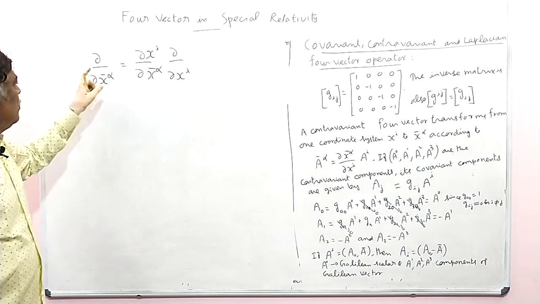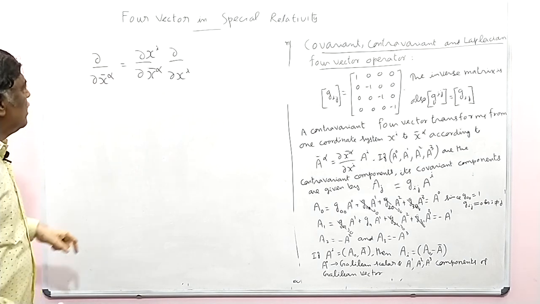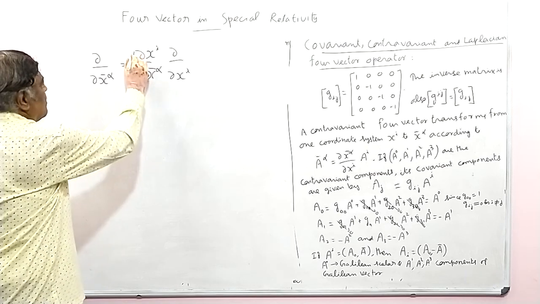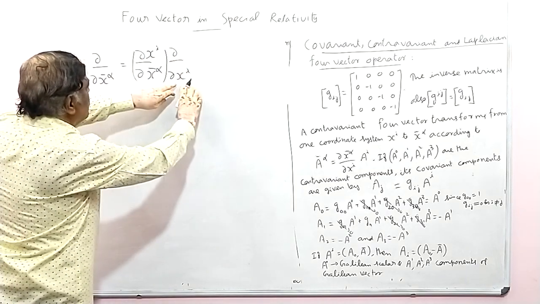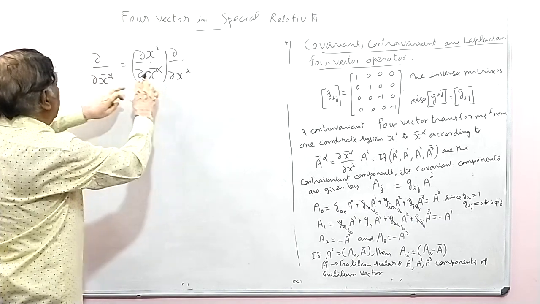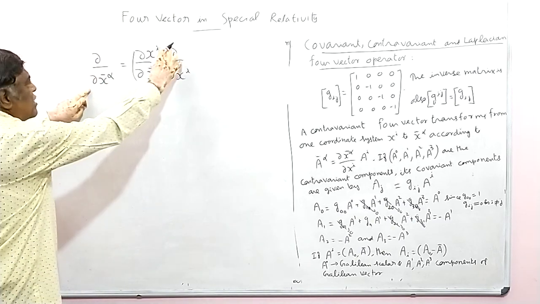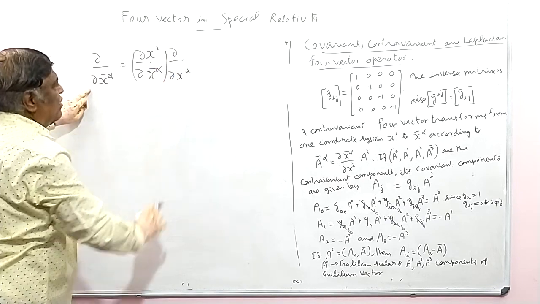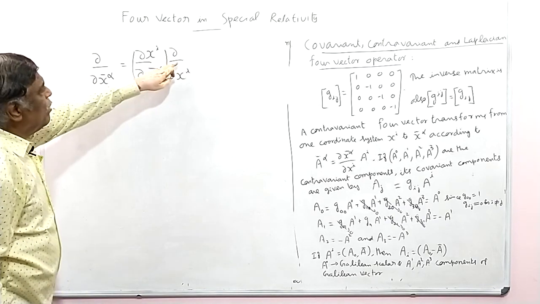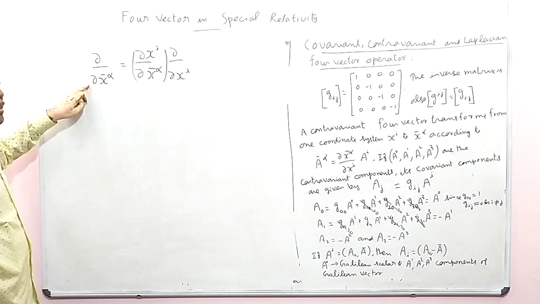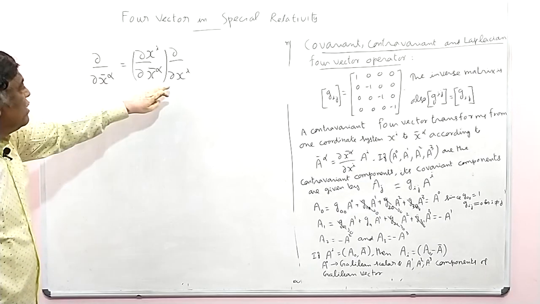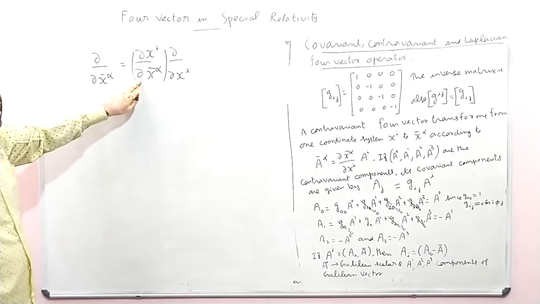Now look at this. This is a differential operator expressed in the unbarred system, and this is a differential operator expressed in the barred system. These are related by this transformation equation.